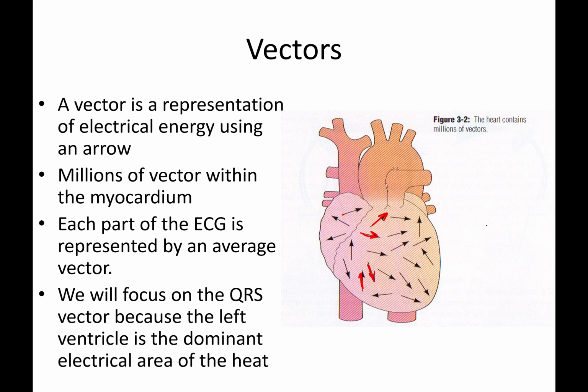And depending on what angle you're looking at the heart from, you may see a different amount of electricity. Overall, the mean QRS, the mean vector of the heart, is determined by muscle mass and where the most electricity is at during that given moment. Looking at the heart itself, it makes a lot of sense that the left ventricle, which is the largest, most muscular, most massive part of the heart, is the one that's going to be creating the most pull in terms of a vector.